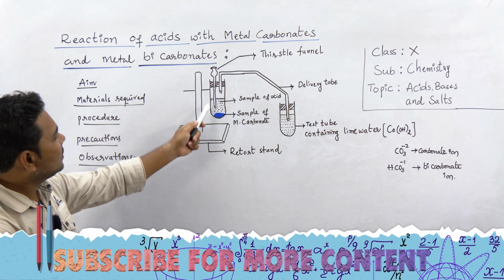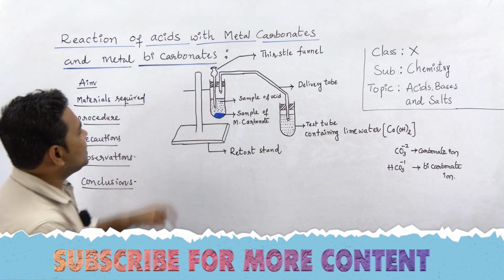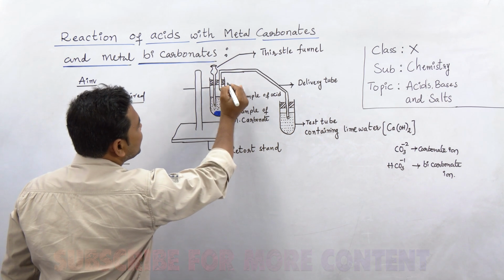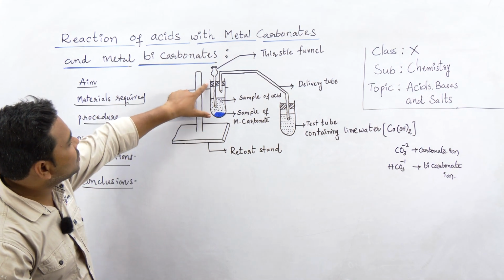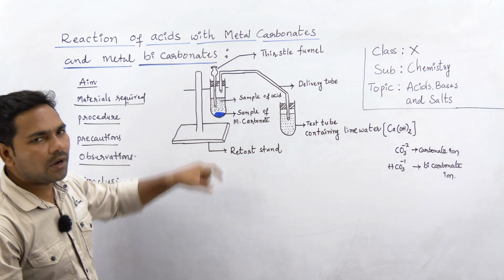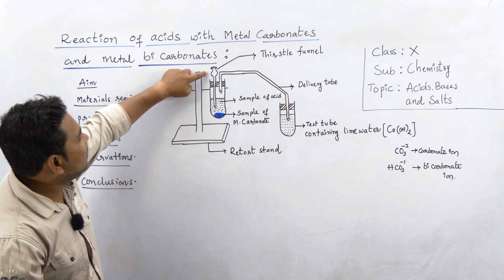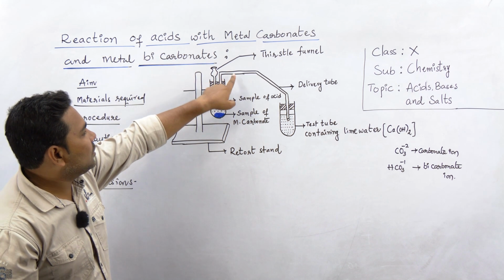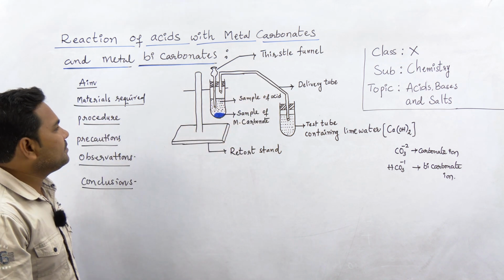There is a test tube fixed to a retort stand, and the mouth of the test tube is closed with a two-hole rubber cork. Through one hole a thistle funnel is inserted, and through another hole a delivery tube is inserted, right?